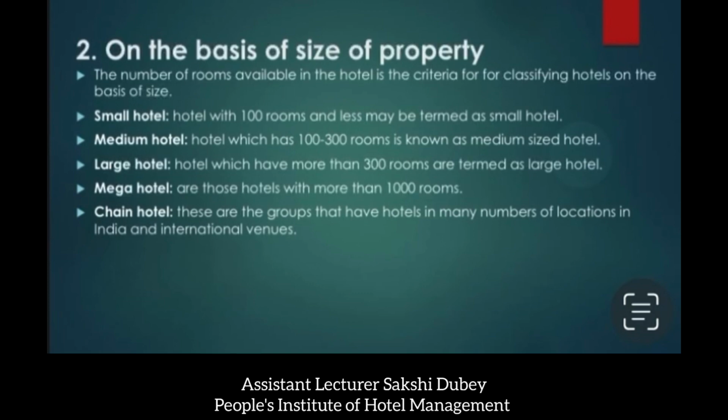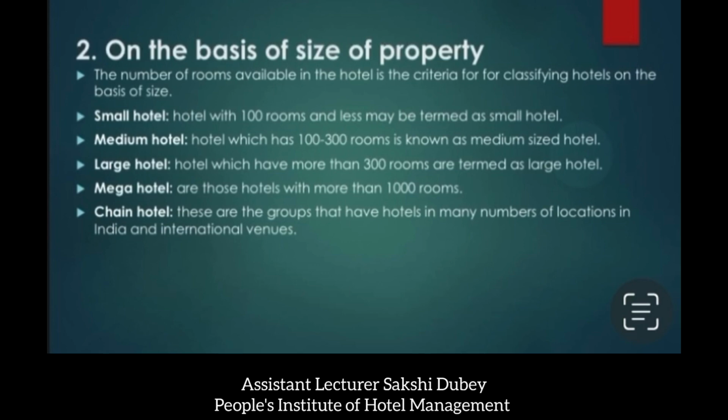Now we are going to discuss how accommodation can be classified on the basis of size of a property. There are various sizes of properties. A hotel with 100 rooms or fewer may be termed a small hotel.